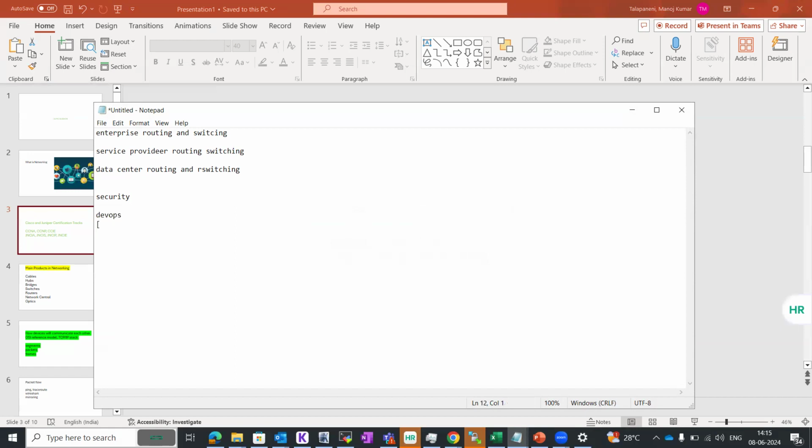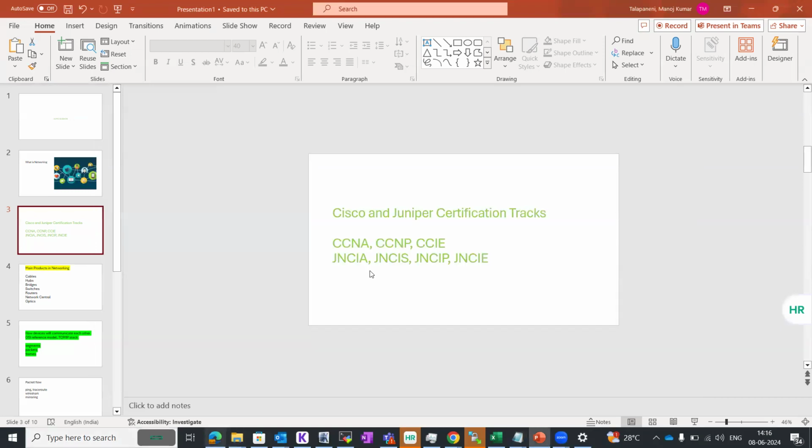Like this, these are the various branches, and for each branch there will be various levels like associate level, professional level, and expert level. Juniper has 4 levels, and Cisco also has 4 levels. The first one we can ignore, and directly take the CCNA associate level training and take the certification. The prices of this certification vary over the years.